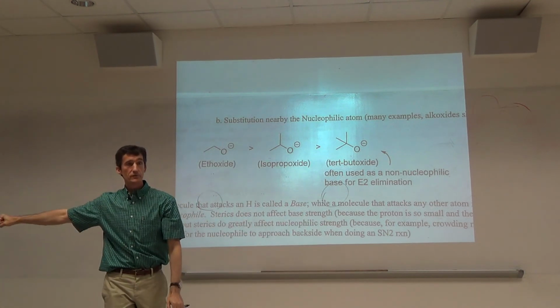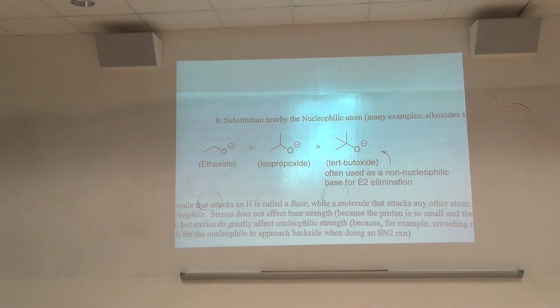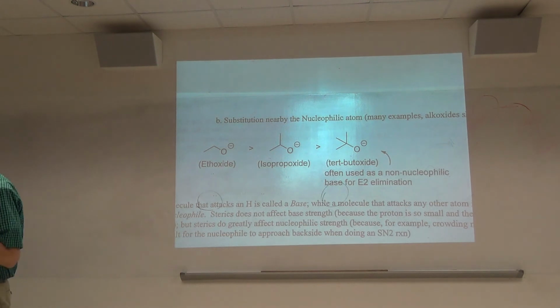Because if I've got substitution next door, you might say, well, the oxygen is still accessible because there's nothing on the oxygen. Yeah, but remember, maybe the molecule is like this and it can't attack here. It has to rotate or something. And that rotation is going to slow down the attack.